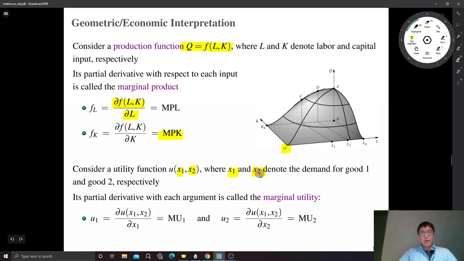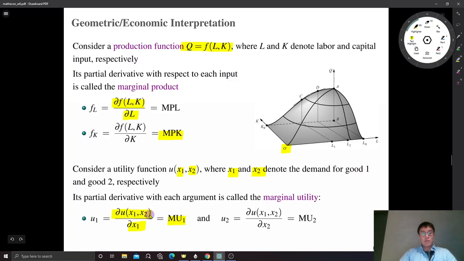So disregarding the interdependence between these two, we can consider partial derivatives. And its economic meaning is called the marginal utility. So if we take this utility function and take the partial derivative with respect to x1, then we call this partial derivative marginal utility from good 1.